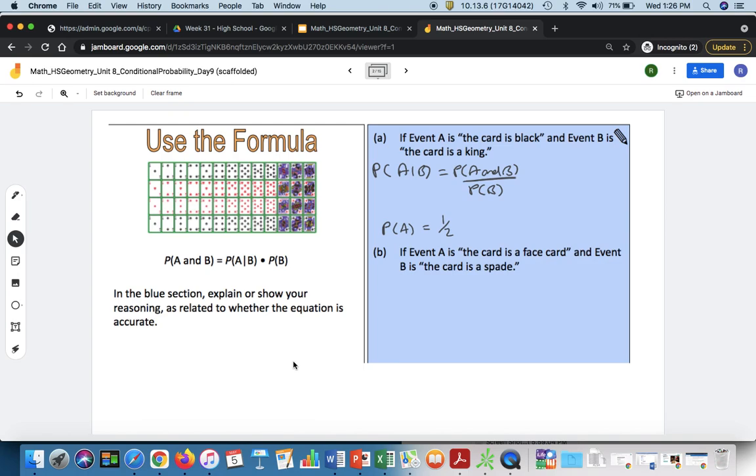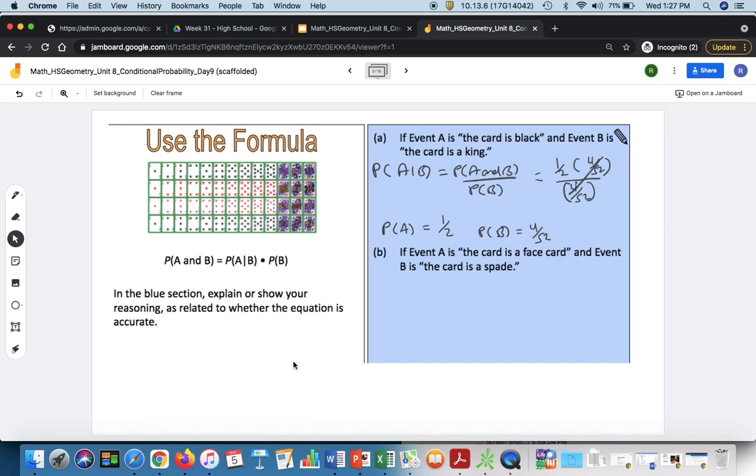The second event, event B, so we'll say the probability of B, that the card is a king, well, that happens 4 out of 52 times, right? 4 cards, as I highlight them here, out of the 52 are kings. So now if I use my formula, A given B is going to equal the probability of A, 1/2, times the probability of B, 4 over 52, divided by the probability of B, or 4 over 52. And we can divide out and we'll get that the probability of A given B is 1/2.